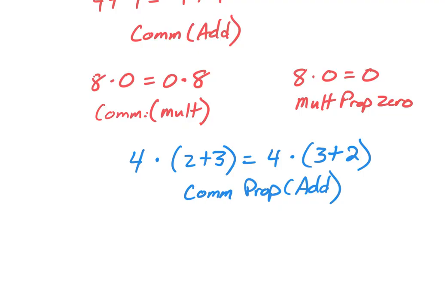Okay, so there are times where maybe you have both operations in the same problem. Once again, it doesn't change anything. We're also not taking the 4 and distributing it here. We're just changing the 2 and the 3 around. Okay, so some of them can be a little bit tricky, but once again, if you ask yourself that question of what's happening or what's changing, then we're okay.